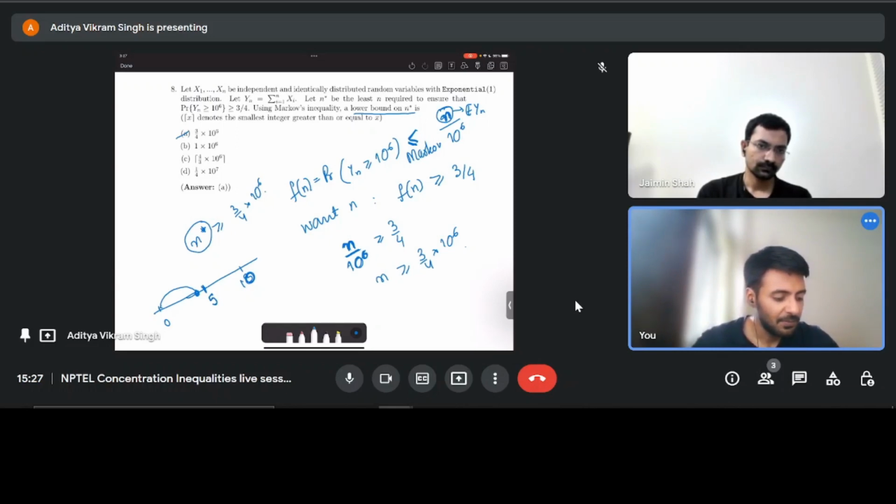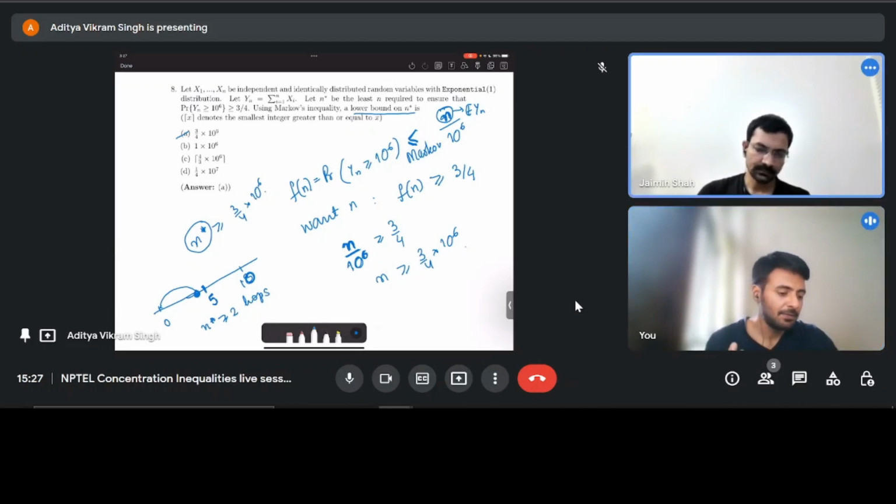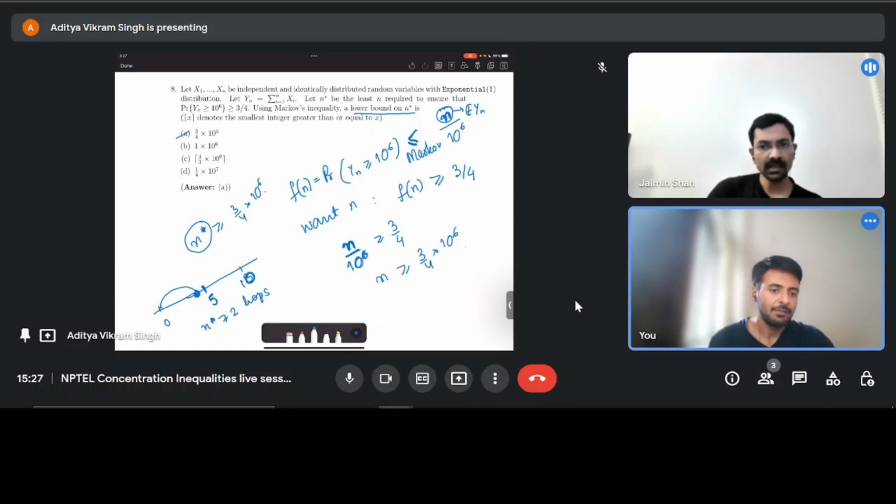Based on this we can say that we need at least 2 steps, so n star is greater than or equal to 2 hops. In actuality we'll need more steps. This will only be true if this 5 is exactly the step size, but you'll need more, so that is why this gives a lower bound. This is the logic basically.